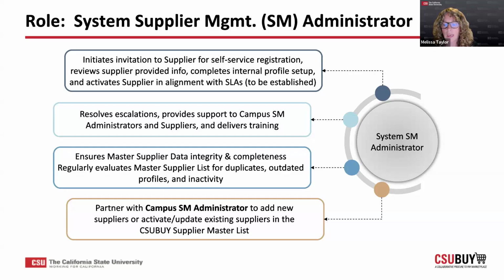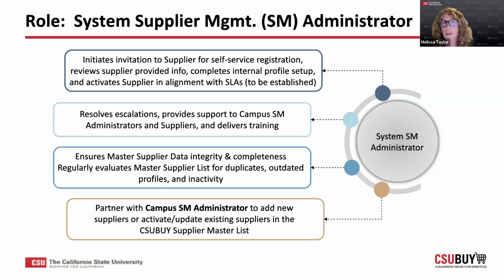We're regularly looking at that list for any outdated profiles, maybe some inactivity with a supplier, things that pop up that you would normally do in your campus life in terms of maintaining your supplier database. The system-wide team will do that in this realm as well on your behalf. And then, of course, this team also partners with the campus system-wide administrator.